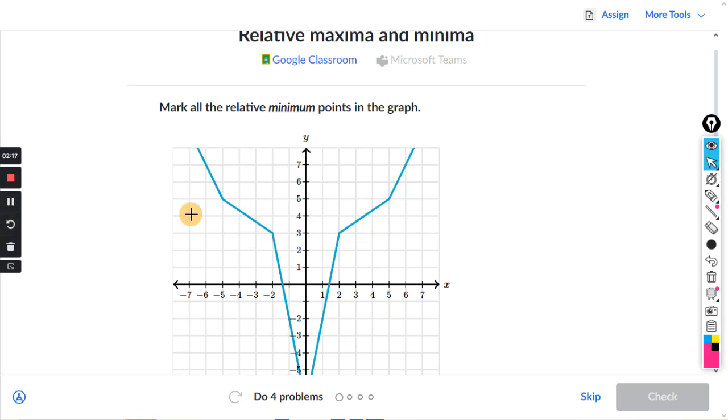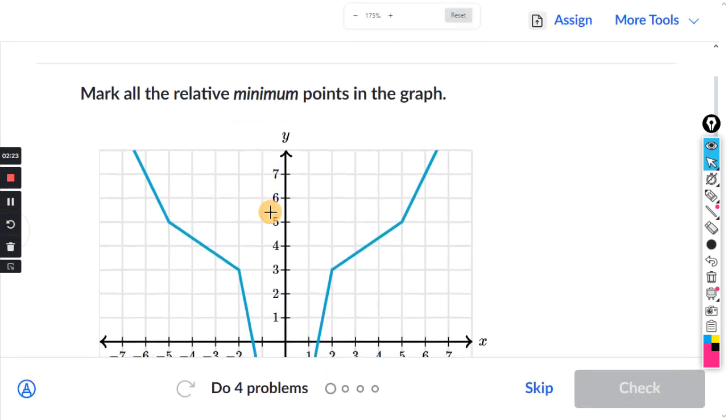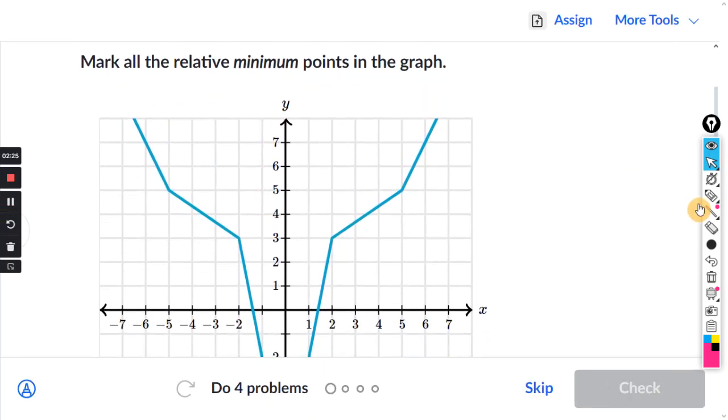Right here, they want us to mark all of the relative minimum points on the graph. Basically for minimum and maximum, we're looking at the y values, not really the actual values, but the y coordinates.